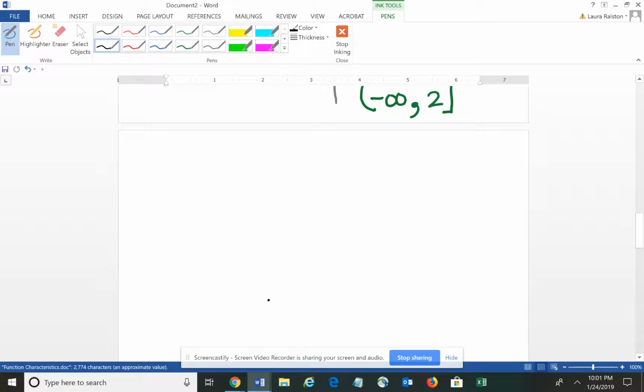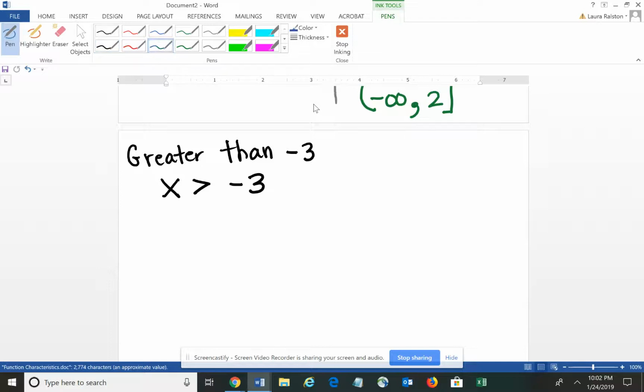You could have things like greater than. Let's do greater than, let's say, -3. Again, it doesn't matter what the number is. I'm just making them up as I go. So this would be something like x is greater than -3. So if we look at it on a number line, okay, this tells me I want to choose anything greater than -3.